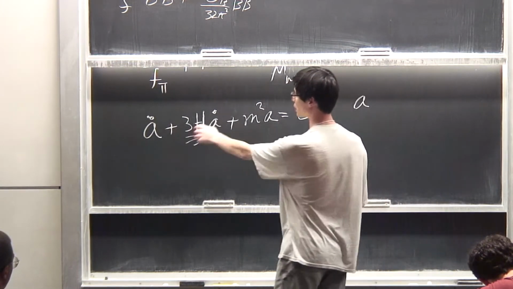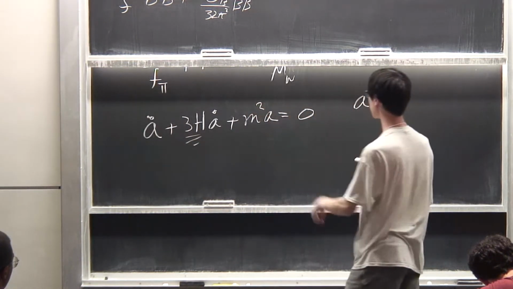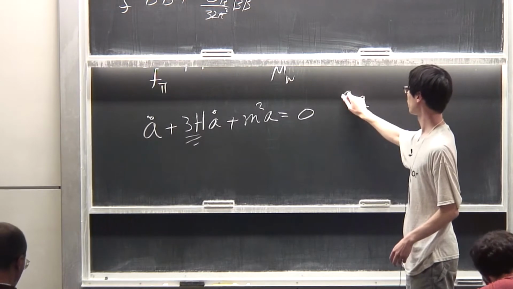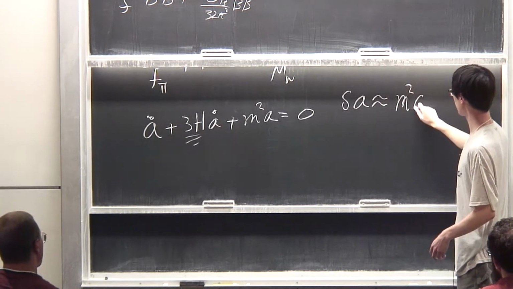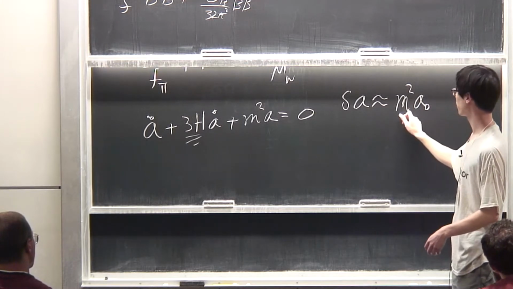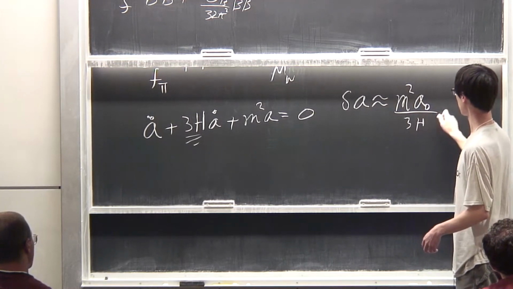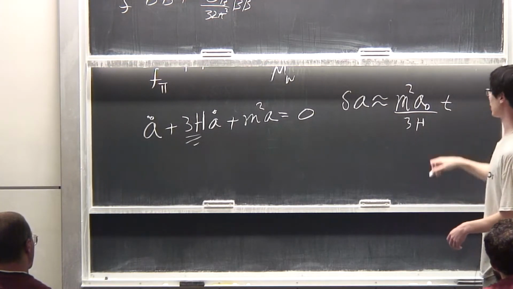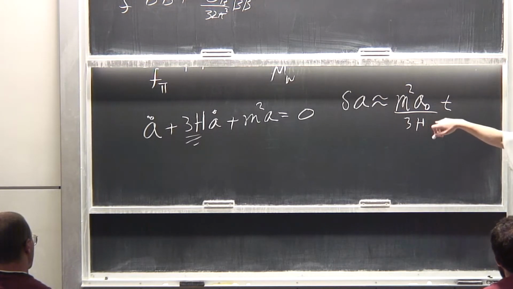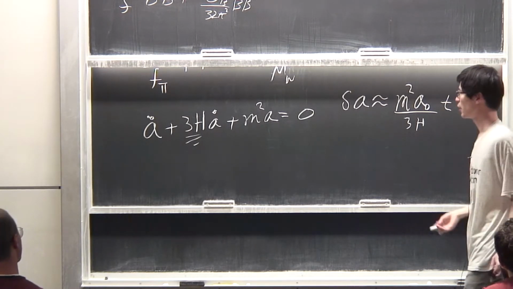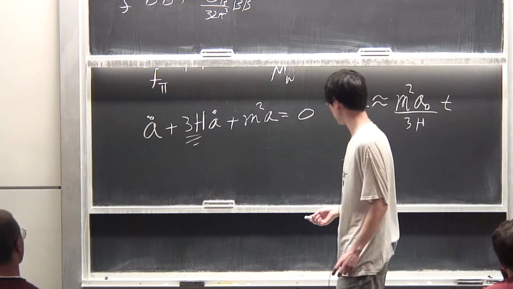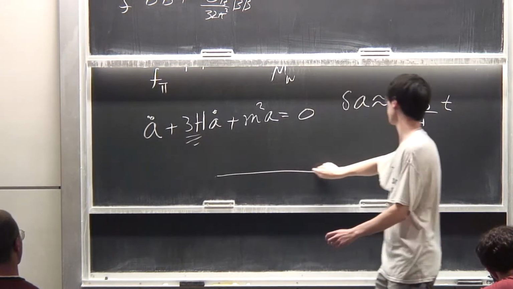Because A dot will be small, you can neglect this term, and you can say that delta A is approximately m squared, whatever value of A you are at, over 3H times T. And if your friction force is large, your change in the axion is very small. So if you're looking at, let's here have just time.